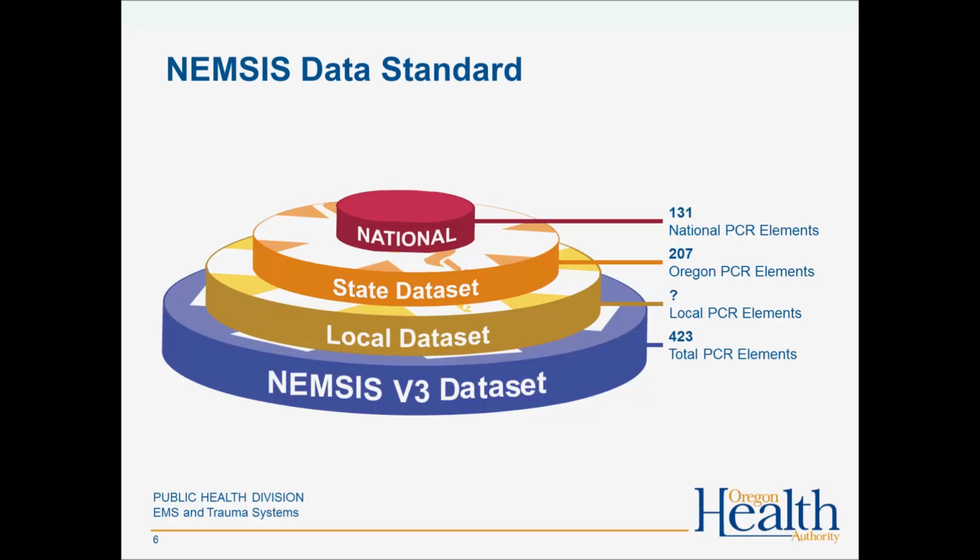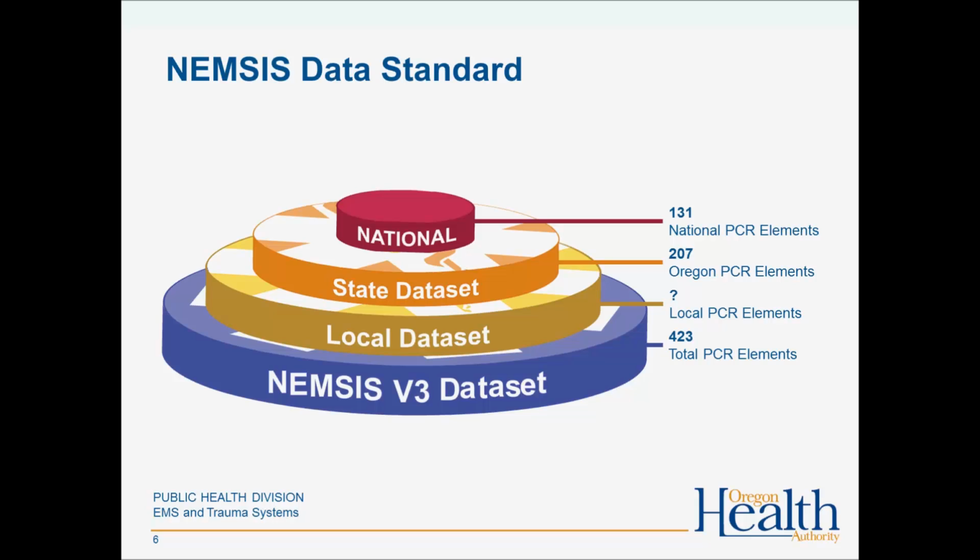Outside of the national core, each state has decided data elements that it will collect statewide. Oregon has done that and will be collecting 207 data elements. The 207 elements include the 131 national elements. Outside of the national and state data sets, your local EMS agency may decide to collect some additional data elements.